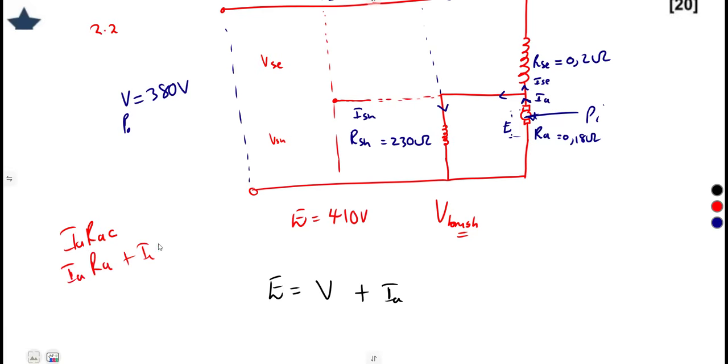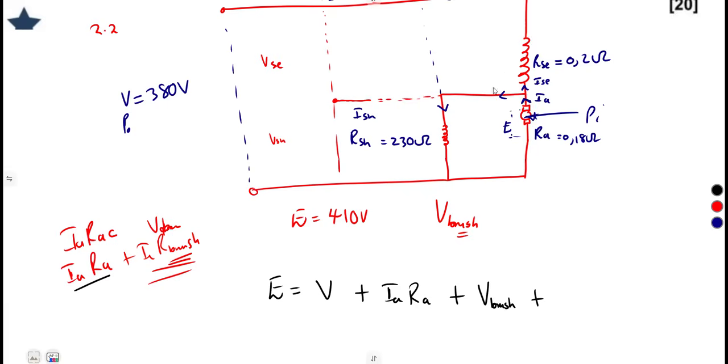And you're also going to consider R brush as part of the armature circuit. So the brush, you can consider it as a voltage drop. So consider this separately now, armature resistance separately. Then you consider V brush and what? There is also the series, because the armature current is also going to branch here and the other one to the series.